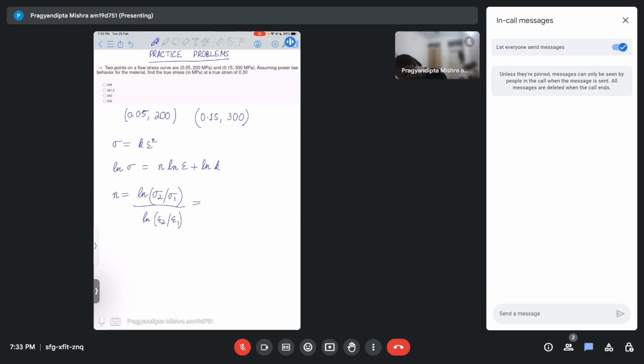So if I substitute the values, I will get ln of 300 divided by 200, divided by ln of 0.15 divided by 0.05, or ln of 3 by 2 divided by ln of 3. So let me just calculate it.